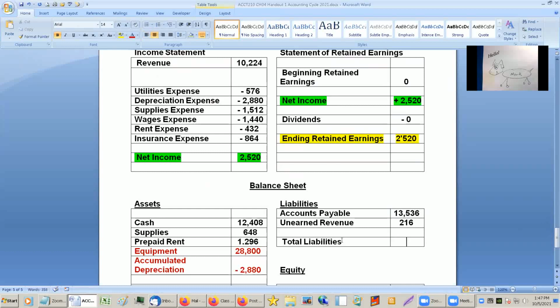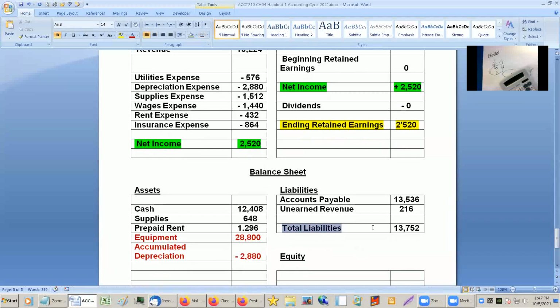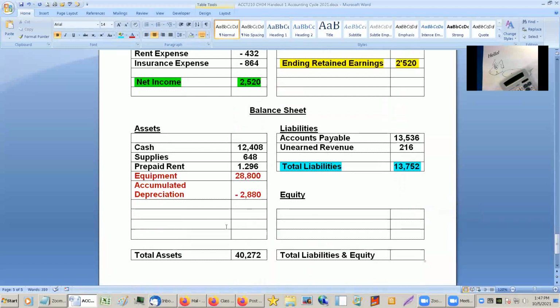So let me add those two together. Oh, wait, I keep forgetting about my calculator cam. 13,536. $13,752. Make those teal.